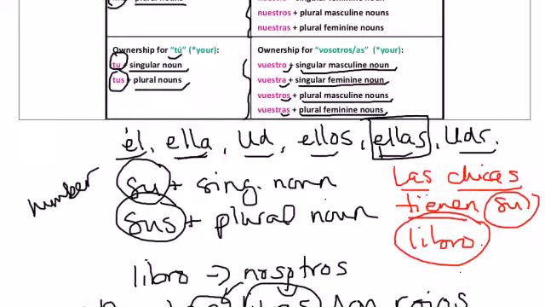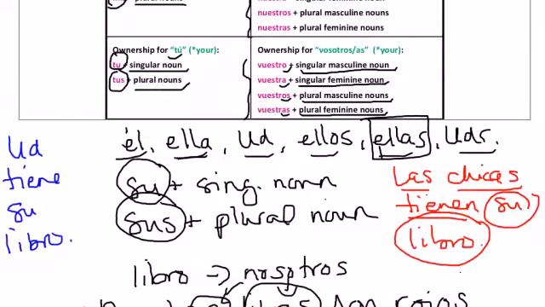If I'm also describing the fact that maybe usted, you, formally, have a book, I can say usted tiene su libro. Again, usted can own one book, but if usted has more than one book, it's going to be usted tiene sus libros.